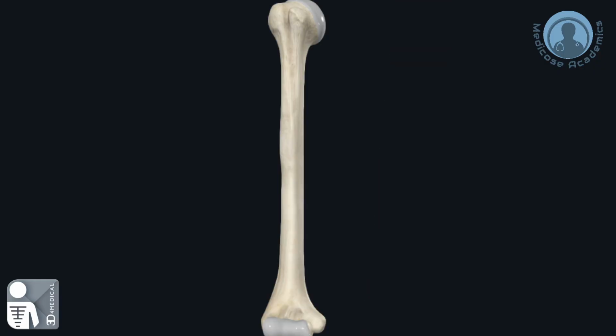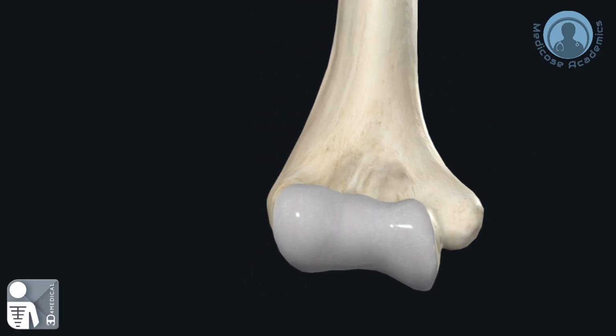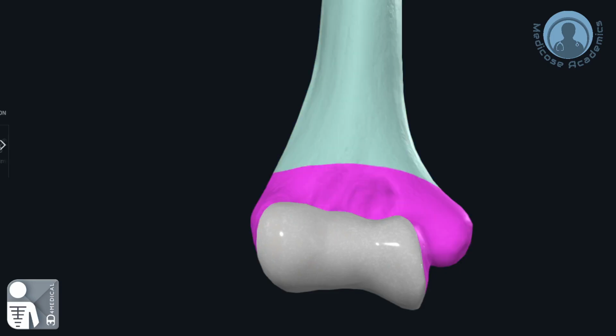Now let us start with the discussion of the lower end of the humerus. So this is the lower end of the humerus from the anterior aspect. This lower end forms an expanded structure, expanded from side to side and relatively flattened in the anteroposterior direction, called the condyle, and it has the articular surface below it that is further divided into two parts.